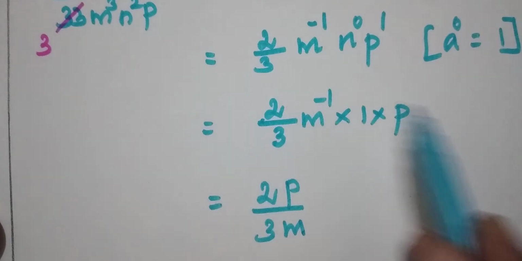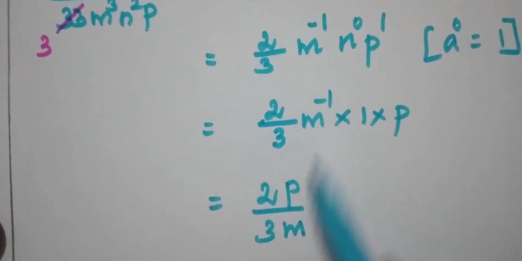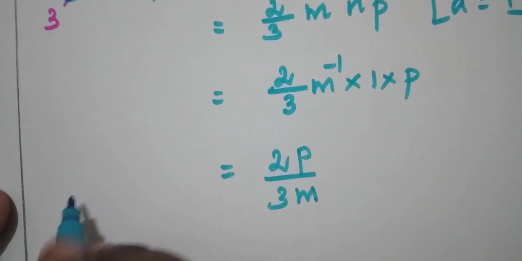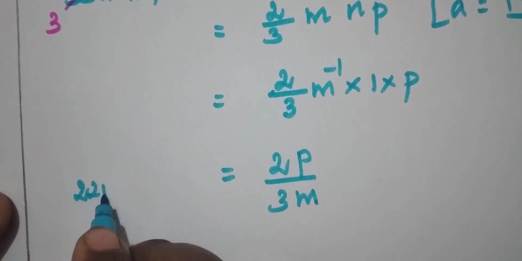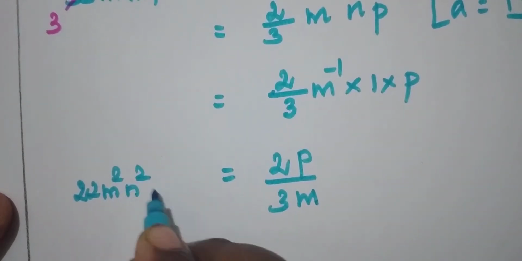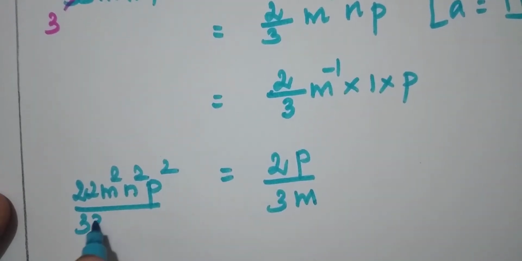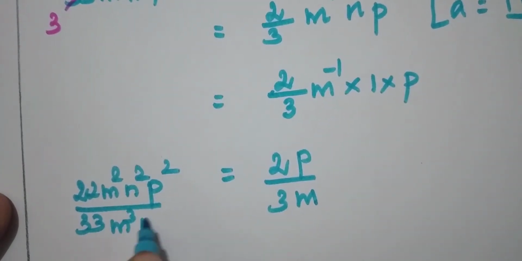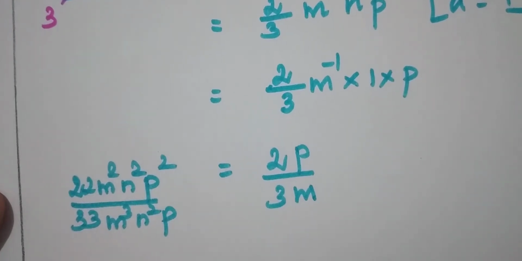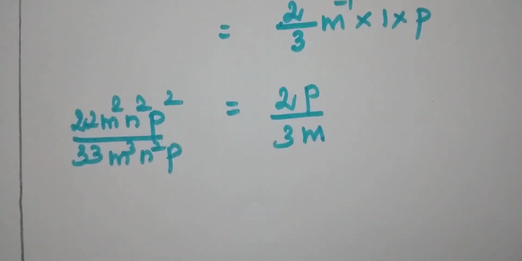This is 2 into p and 3 into m. The value of 22 m square n square p square divided by 33 m cube n square p is equal to 2p by 3m. Is it clear, children? Yes.